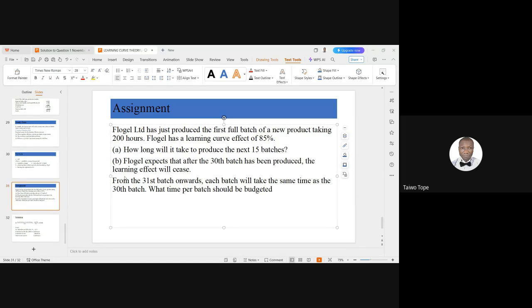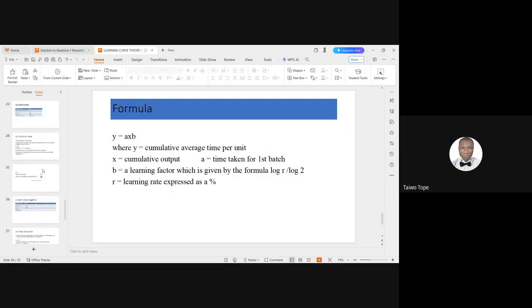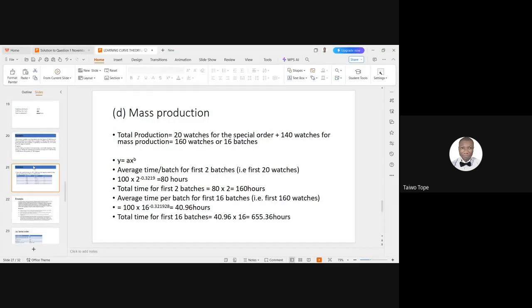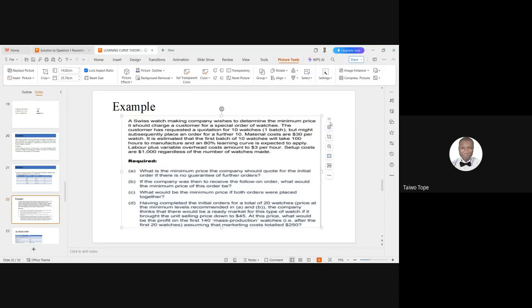Then I've been looking for questions in the Pathfinder. I always find them attached to some other topics. When it comes to learning curve, you won't see a full-fledged question on its own, but I'll still bring up a question from the Pathfinder. But once you can tackle this, you'll be fine. There is one very good ACCA question I have here. I treated it last diet with a private class like this, and we will look at that too.